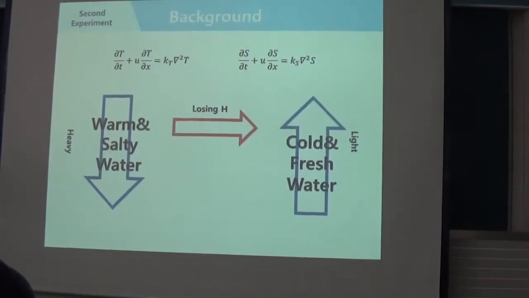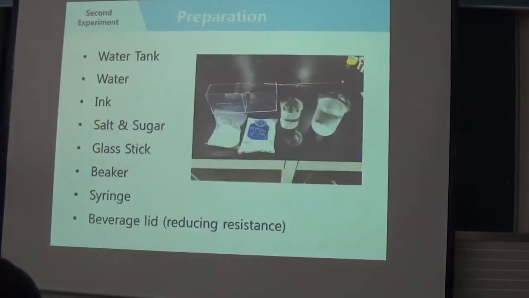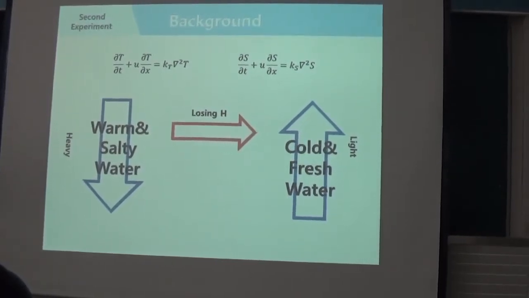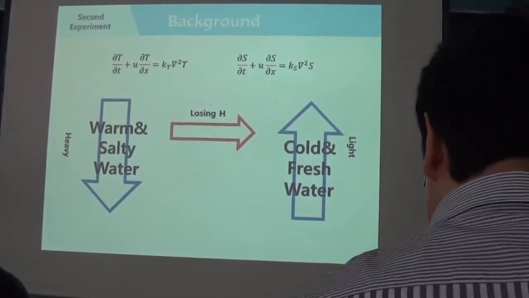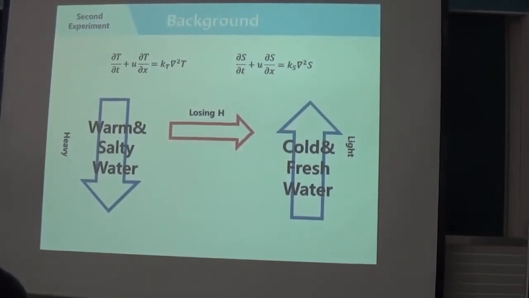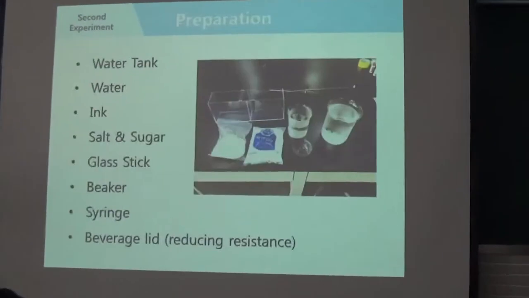So the warm water loses its temperature and becomes comparatively heavier, and cold water gains temperature and loses its mass. The instability from this phenomenon makes salinity's diffusion look like fingers.